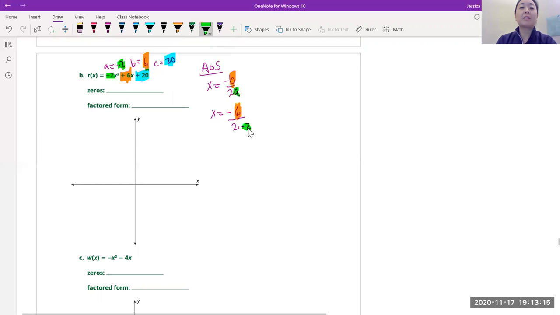Hopefully those colors help you. Now we're just going to reduce this, so it's negative 6 over negative 4, which is negative divided by positive, so 6/4 is 1.5. You can use a calculator if you want to. So our AOS is equal to 1.5.